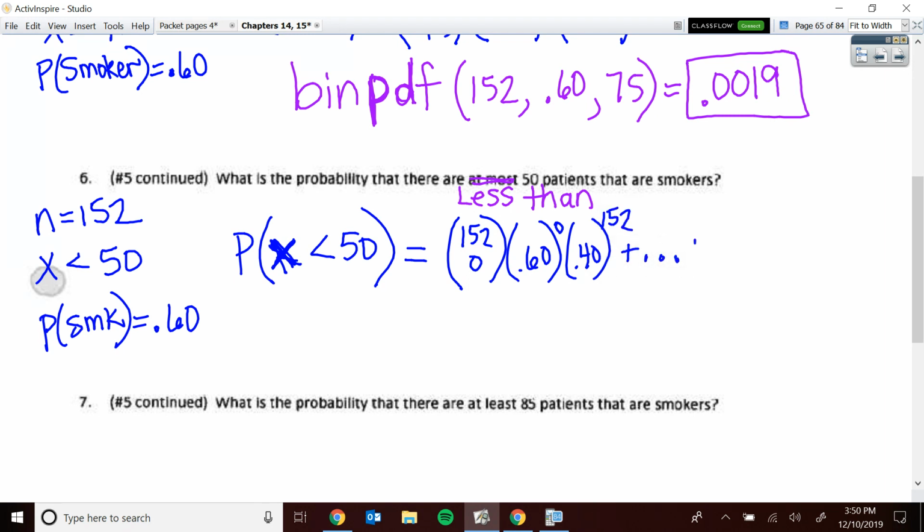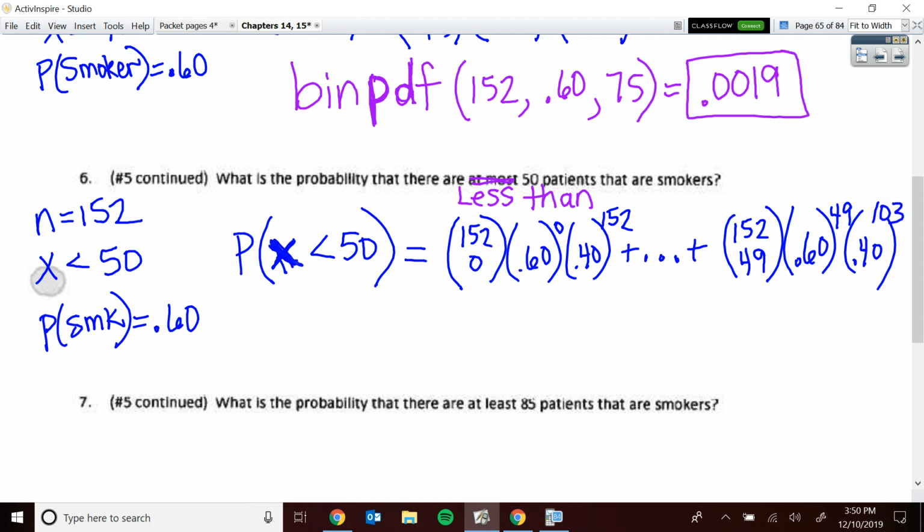If I want less than 50, then what's the top number of successes? 49 is the top number. So 103 failures.